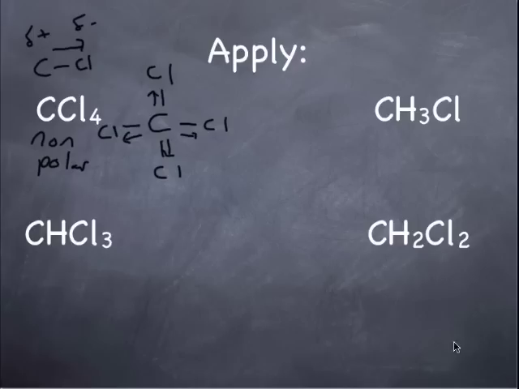All right. Let's go down here to, let's replace one of those chlorines with a hydrogen. So from the previous example, we know already the carbon-chlorine bond is polar and it's pulling the electrons towards the chlorines. And from our example on the previous slide, we also know the carbon-hydrogen bond is polar, but in this case, the electrons are pulled towards the carbon.